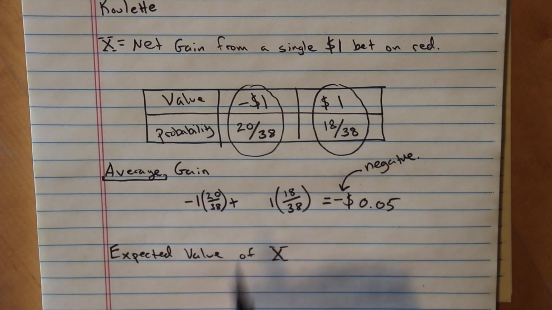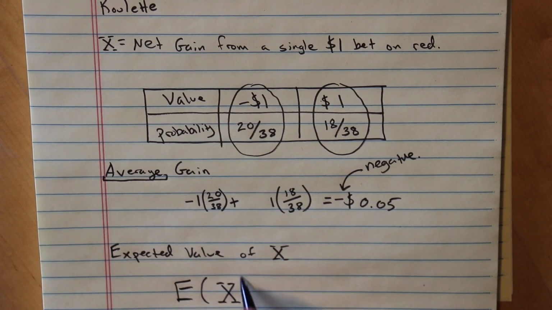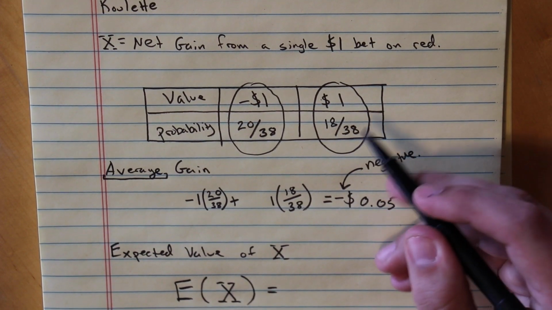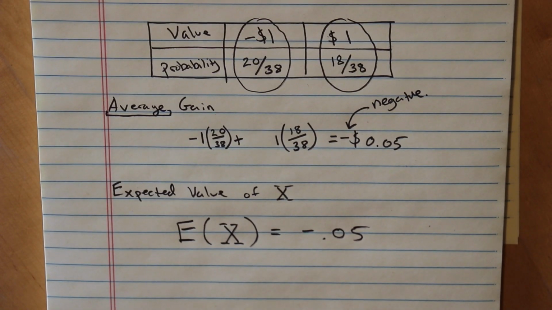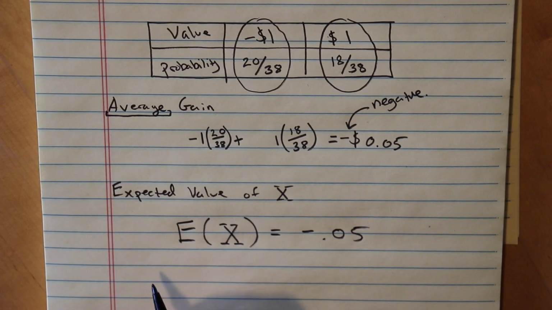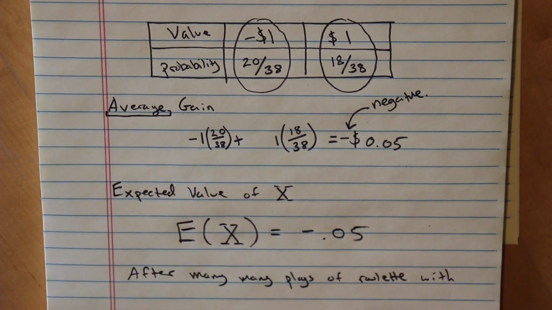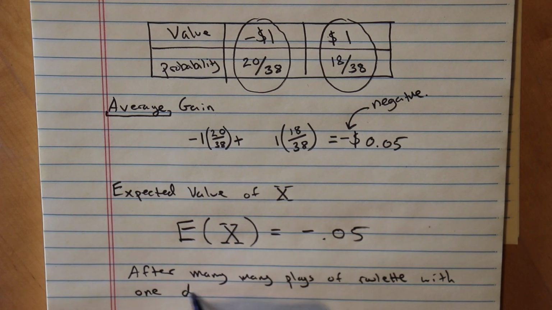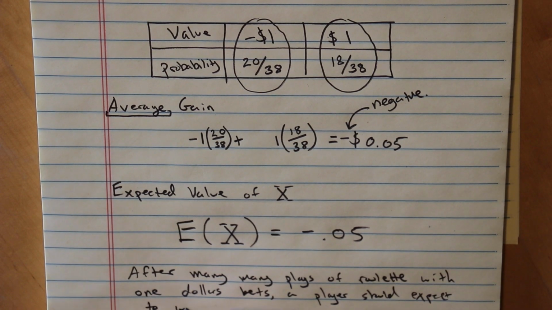The expected value of this game, otherwise known as this notation here, is the weighted average. Now the interpretation of this is a little bit different. We would say something like this: after many, many plays of the game with $1 bets, a player should expect to win about -5 cents on each bet, on average.